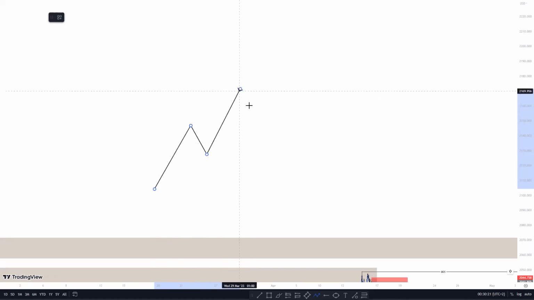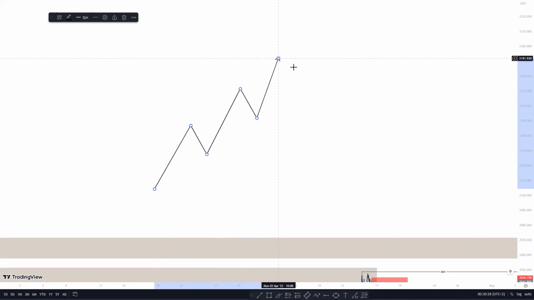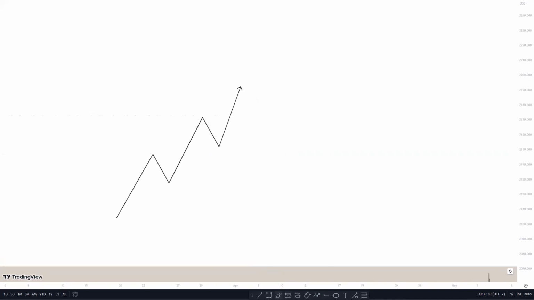right? So say this is external. Right. So this is external. Then we have this internal one here.